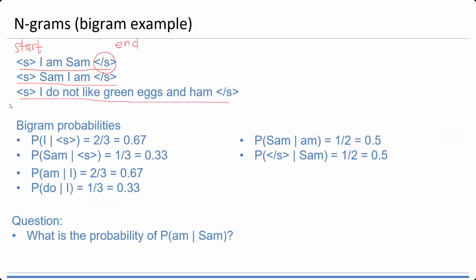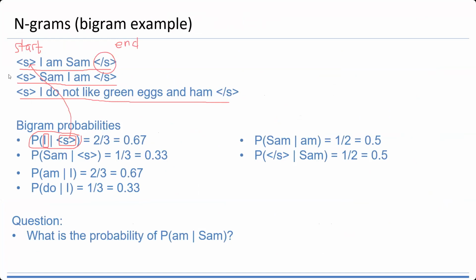So how can we calculate the bigram probabilities? Let's see here. I want to know the probability of I given <s>. So <s> means the start. So I want to know the probability that I will be at the start of the sentence.